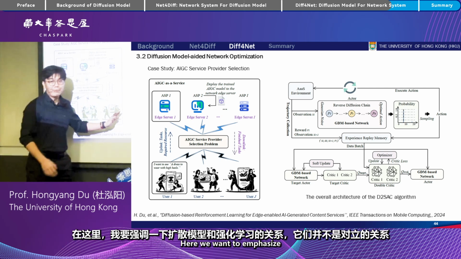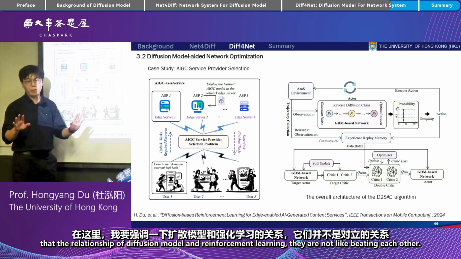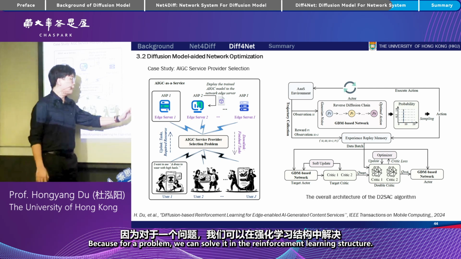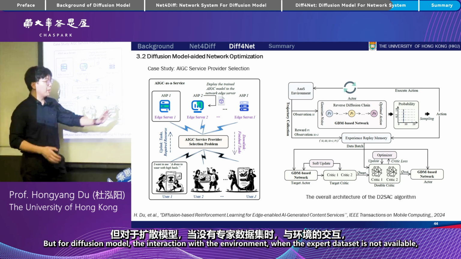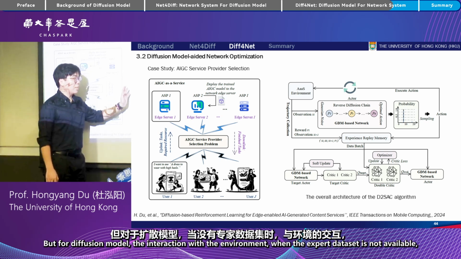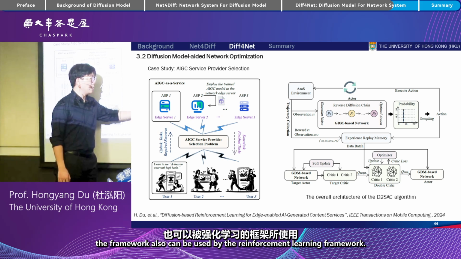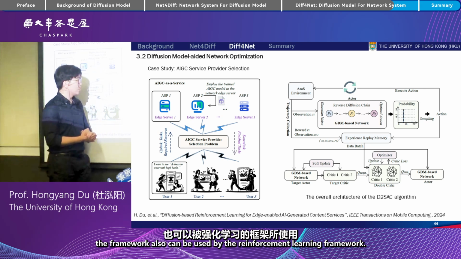Here we want to emphasize that the diffusion model and reinforcement learning are not competing with each other. Because for a problem, we can solve it in the reinforcement learning structure. But for the diffusion model, for interaction with the environment when the expert dataset is not available, the framework can also be used by the reinforcement learning framework.